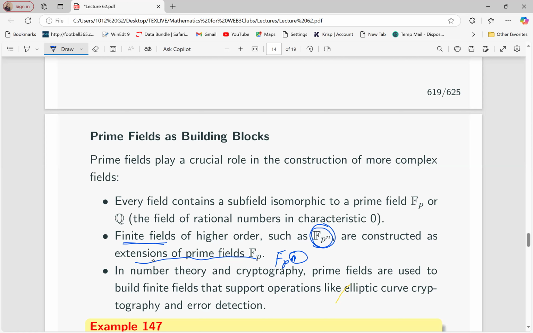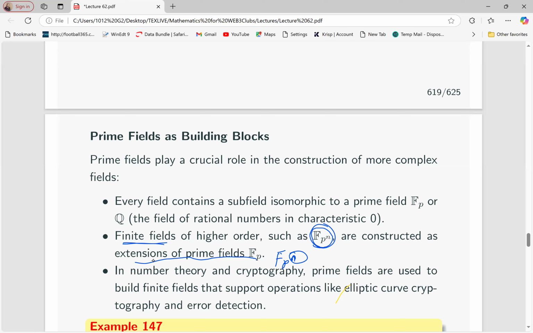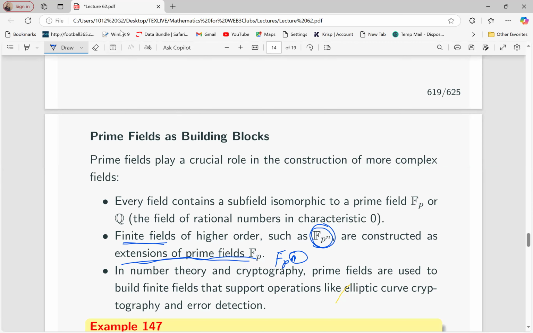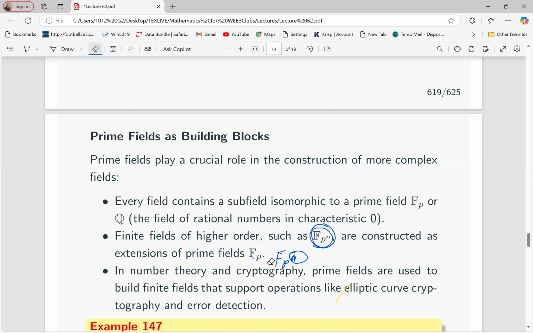It is the degree of a polynomial. We already talked about degree of polynomials. And these extensions of prime fields are very important when it comes to security. That is what we'll be looking at in our next lesson on Thursday afternoon.